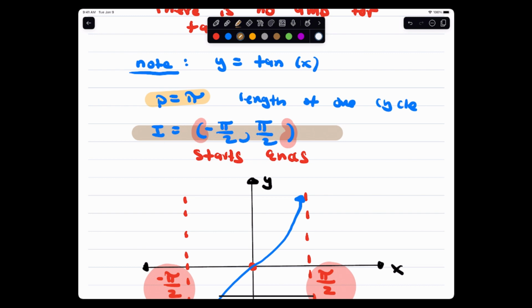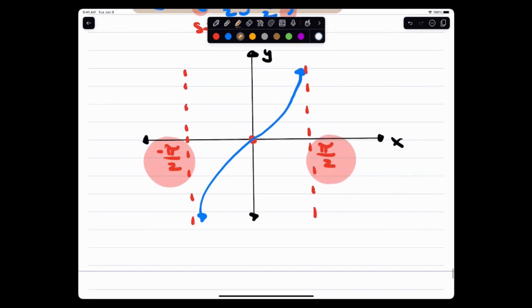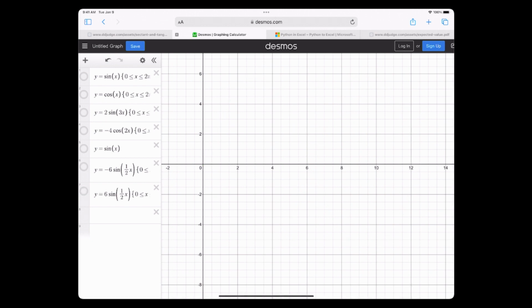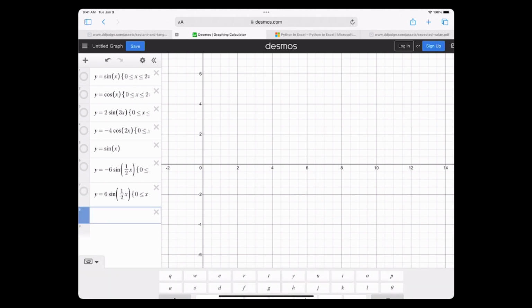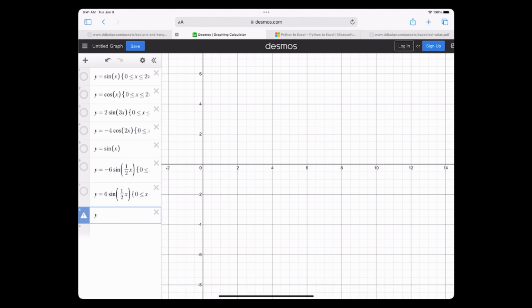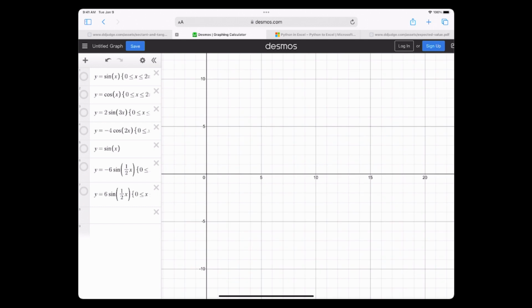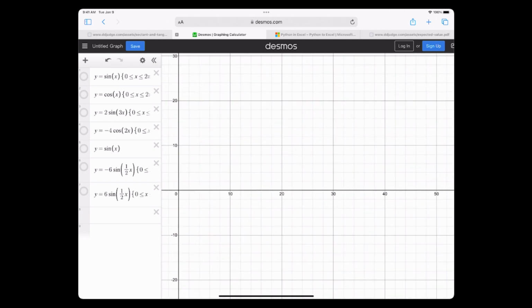Okay, so I want to kind of sketch this for you guys. I want to show you even in Desmos here. Okay, so in Desmos, let's get out the Desmos. See y equals. Where'd it go? Hey, Desmos, bring back the keyboard.